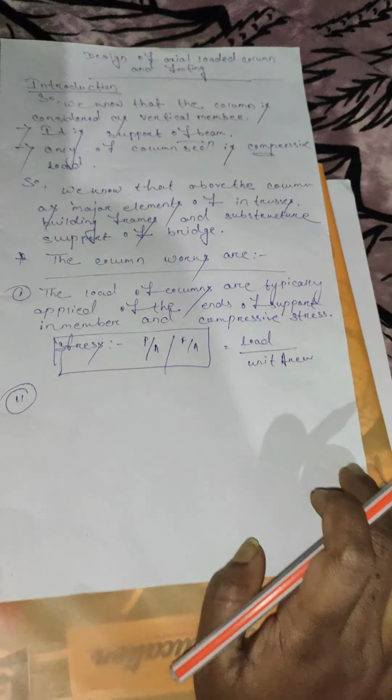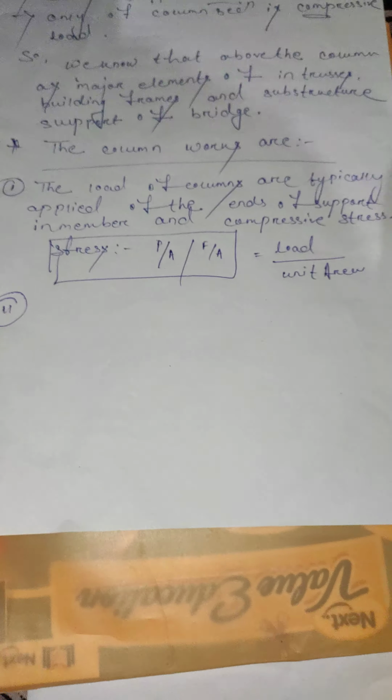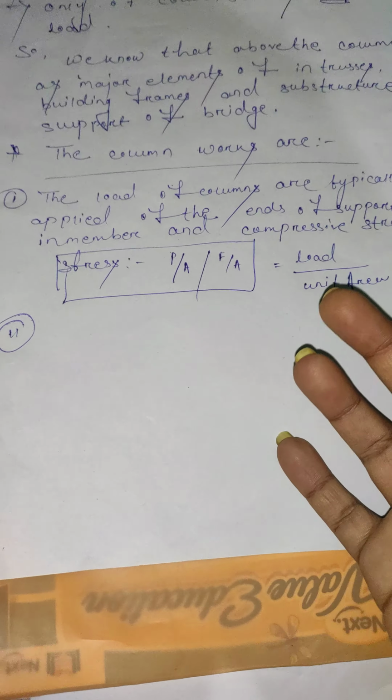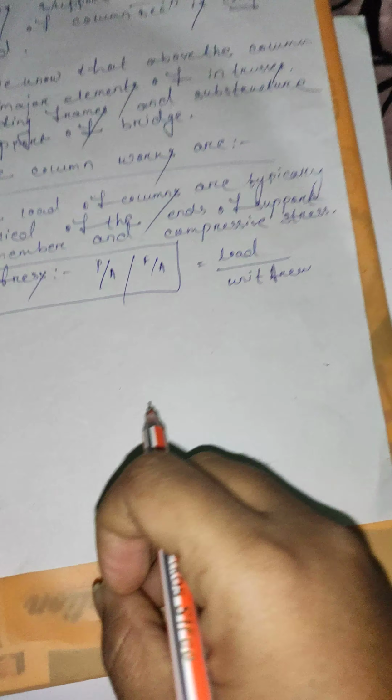So the second one is loads on column design, which can be different forces. The first is axial forces, then transverse forces, different types of forces, including the column section in the footing.